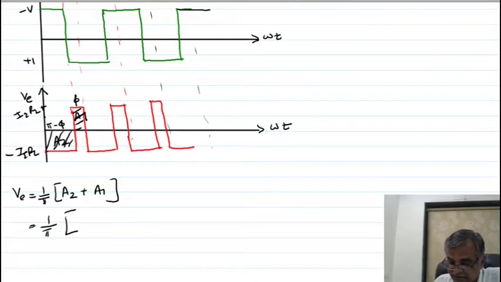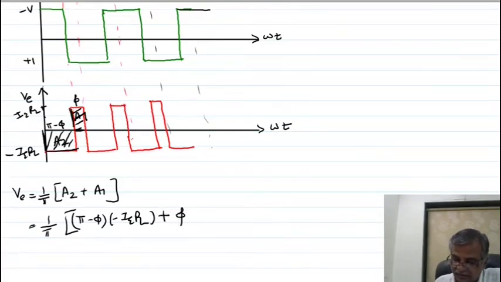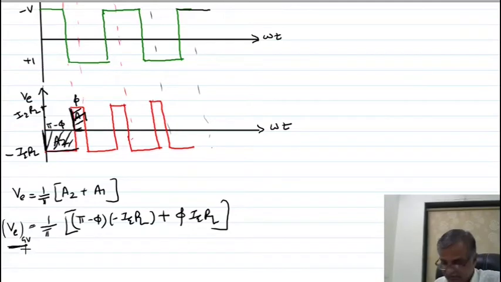Area is, this value is pi minus phi, and this value is minus IRL, plus, this value is phi, and this value is plus IRL. The average value of the output of the phase detector can be calculated by the area of the graph.